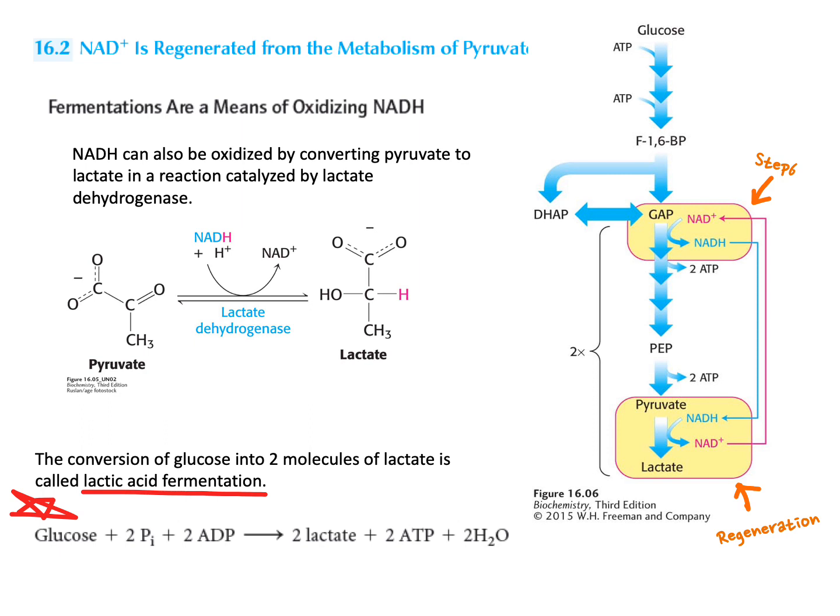And then when pyruvate is formed, it undergoes fermentation, turning to lactate by receiving a pair of electrons from NADH. So the NADH is oxidized to NAD+, and that NAD+ is regenerated. This fermentation is called lactic acid fermentation.